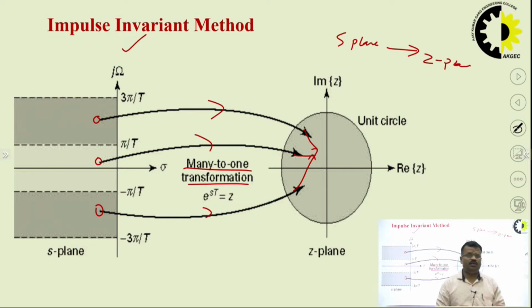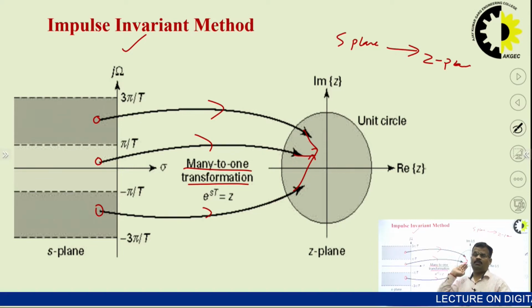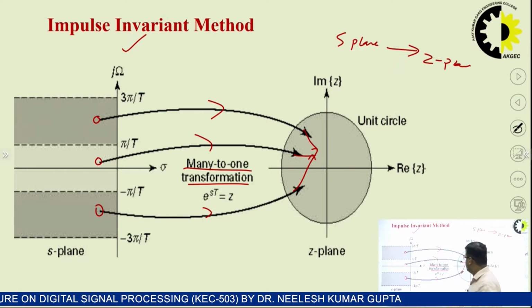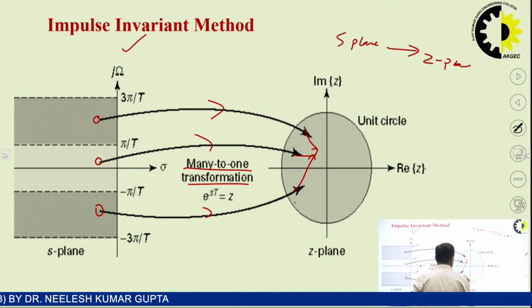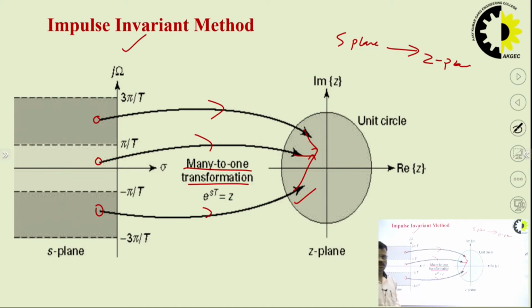So, the impulse invariant method is based upon many to one mapping. It means the distinct poles available in the S plane of the analog filter will be mapped into a single point in the Z plane of the unit circle. Due to this, some limitations will also be there, that I will tell you after this method.